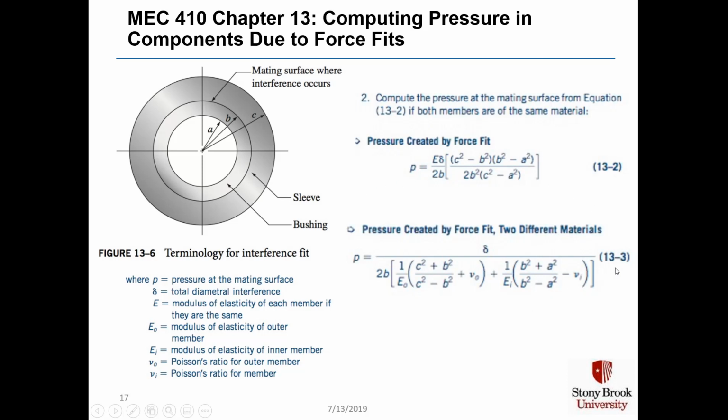Note in equation 13-3, there is the modulus for the outer member, Poisson's ratio for the outer member, and the modulus for the inner member and Poisson's ratio for the inner member, where 13-2 assumed that the materials were the same, and hence there was only one modulus and Poisson's ratio canceled out of the equation.